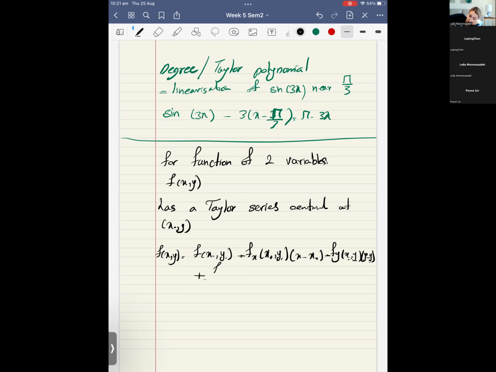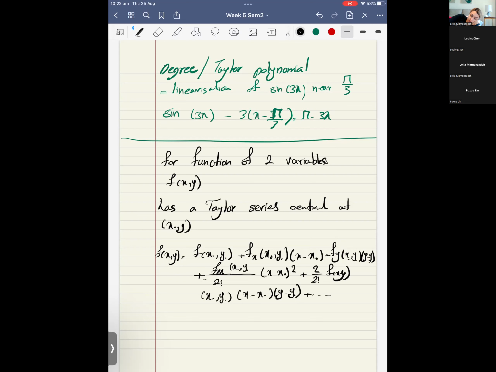It would be fxx over 2 factorial at x0 y0 times x minus x0 to the power 2, plus 2 over 2 factorial fxy at x0 y0 times x minus x0 times y minus y0, plus fyy term, and so on.